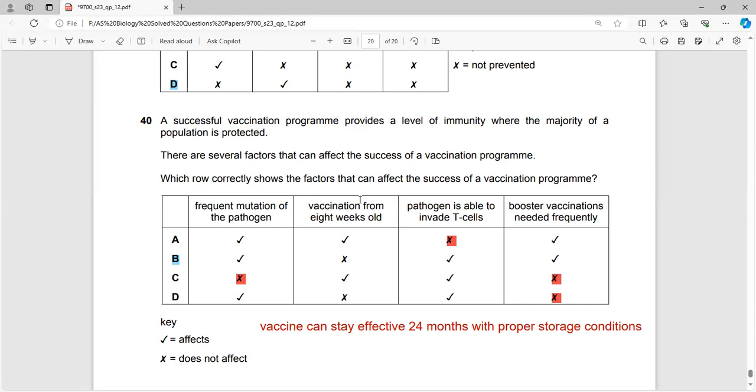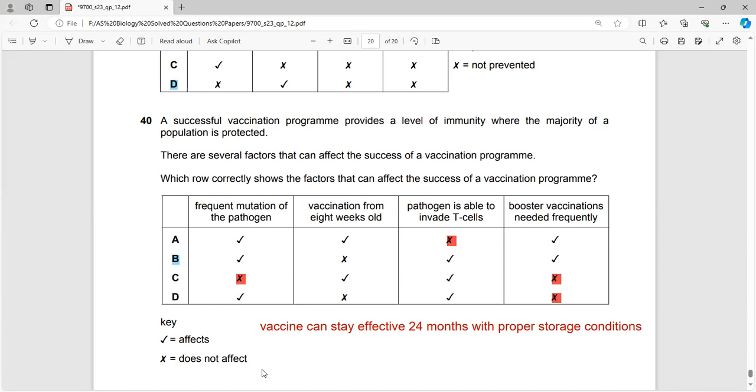For example, frequent mutation of the pathogen. If a pathogen is frequently mutating, then as a result the pathogen's sensitivity becomes less. In that condition, this is also involved. It's affecting the vaccination program.